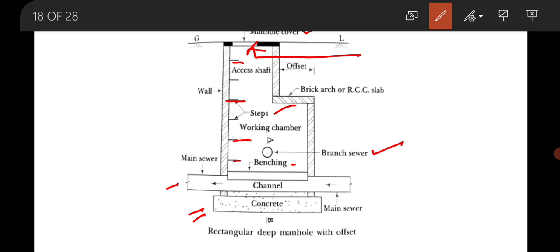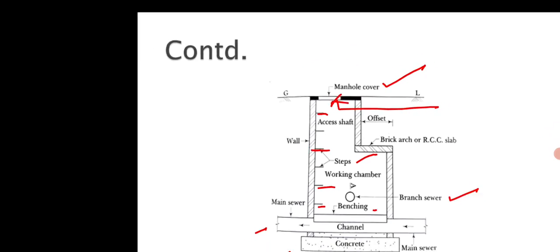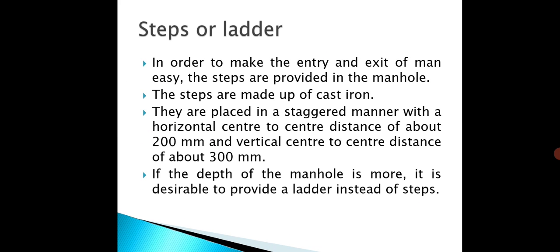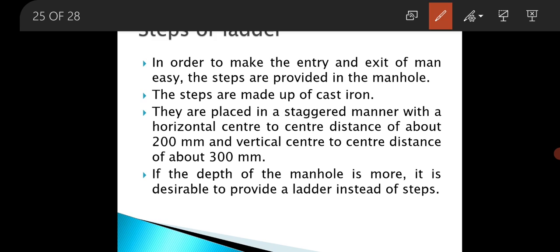The steps are generally made up of cast iron and they are placed in a staggered manner with a horizontal center to center distance of about 200 mm and with a vertical center to center distance of about 300 mm.